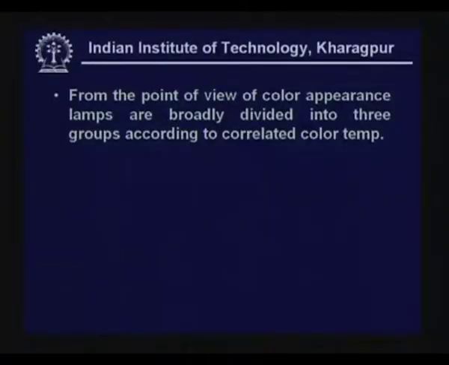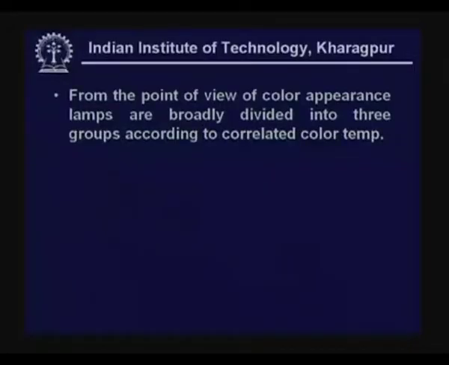From the point of view of color appearance, the lamps are therefore divided into different groups and they are correlated according to color temperature. Now, recall the color temperature term was introduced to talk of radiation from a lamp to be similar to that of a perfect black body heated to that temperature.